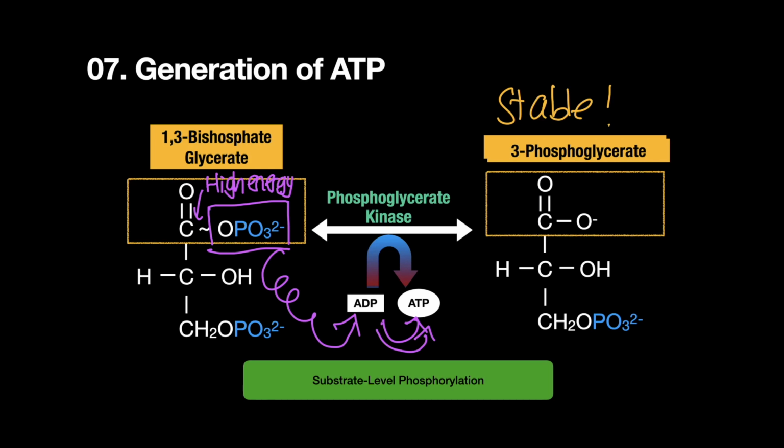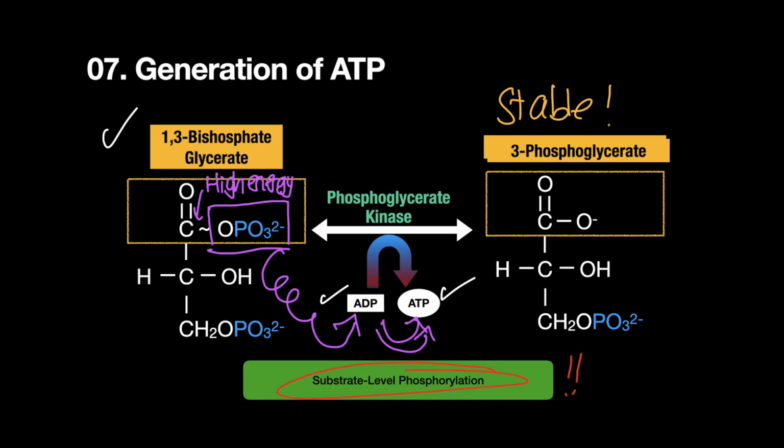This type of phosphorylation, which involves the direct synthesis of ATP from ADP and a reactive intermediate, typically a high energy phosphate containing molecule, which is 1,3-bisphosphate glycerate, in this case, is known as substrate level phosphorylation.